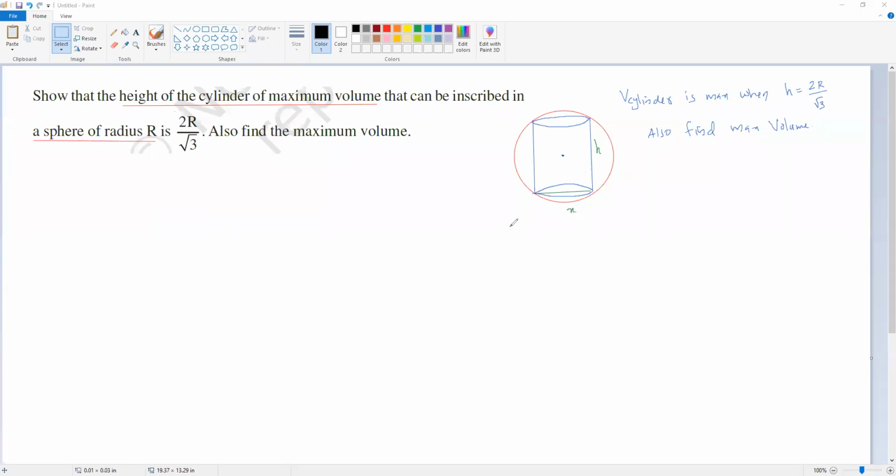You can take the radius as x also, then the diameter will become 2x. It is up to you, nothing wrong in that. Then you can see that this complete length is 2r, क्योंकि this is r and here is also r, so the total length is 2r.